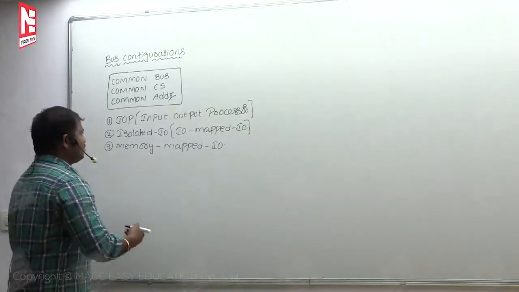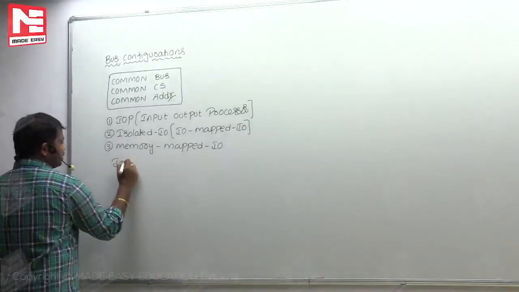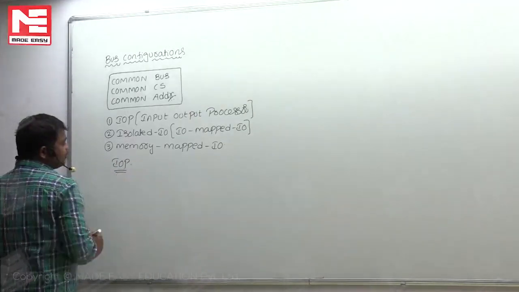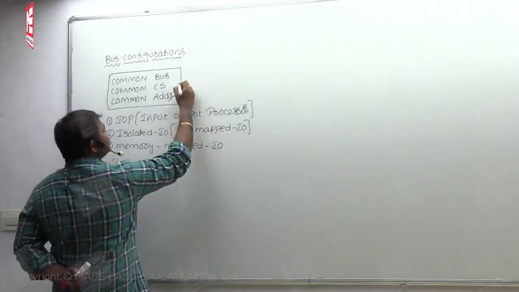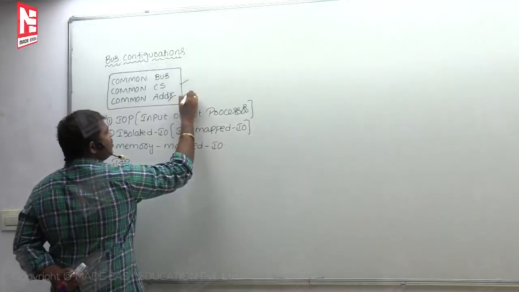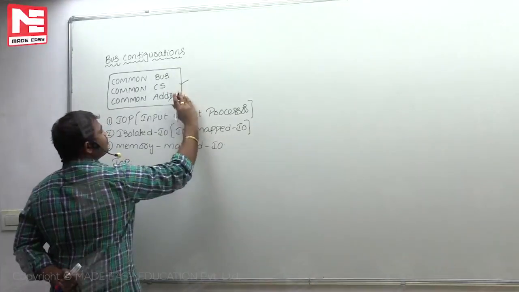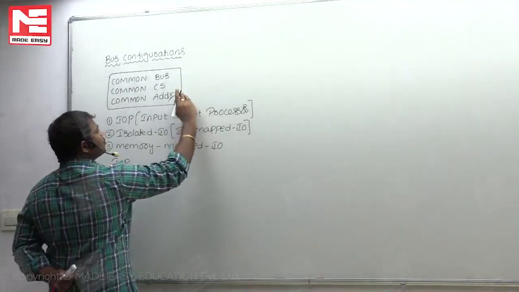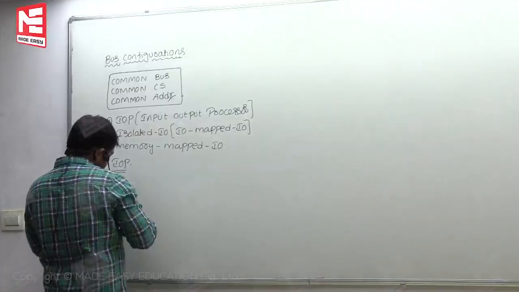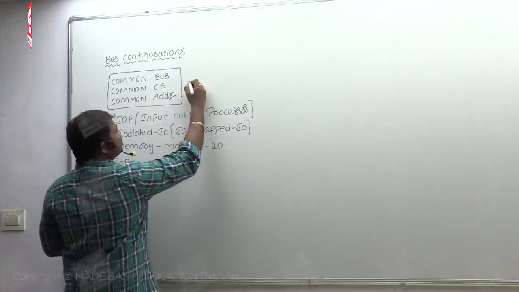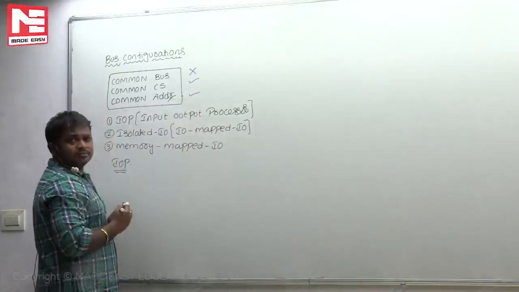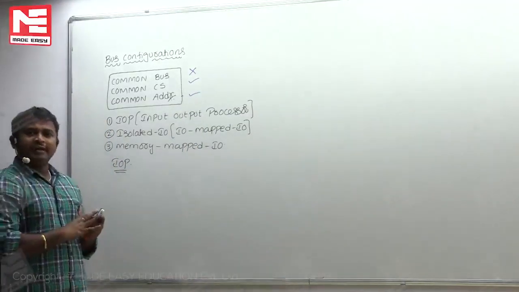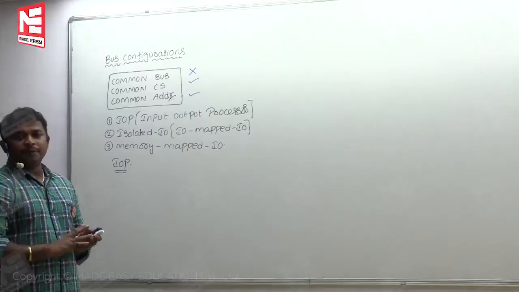First one, IOP. In the IOP configuration, we use the common control signals and the common address, but we don't use the common bus. So the bus should be different in the IOP.